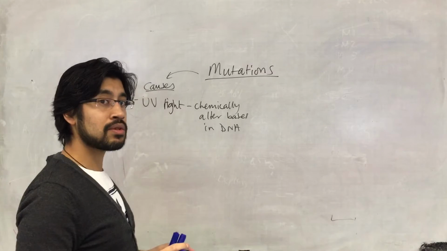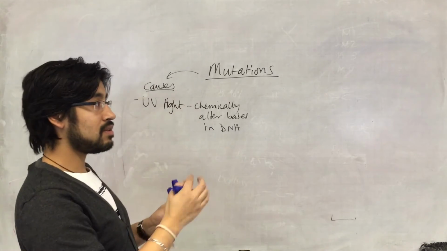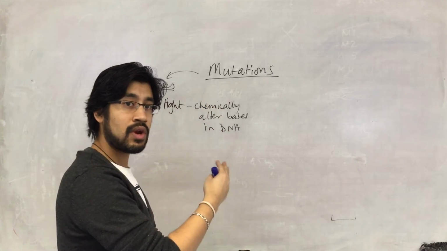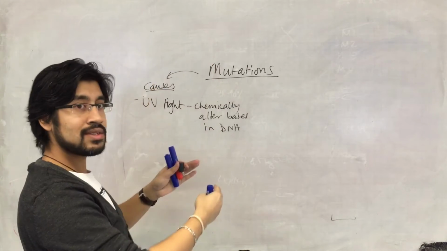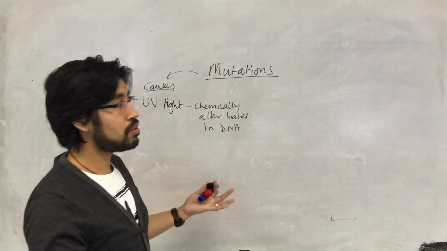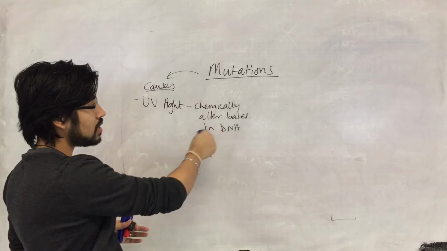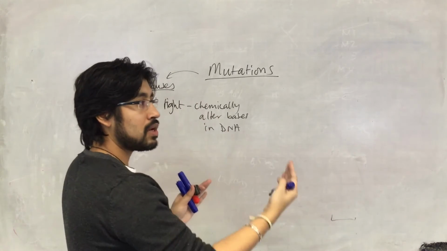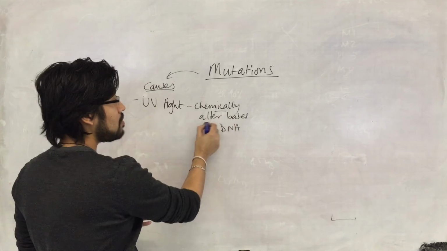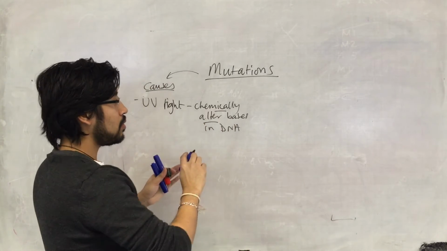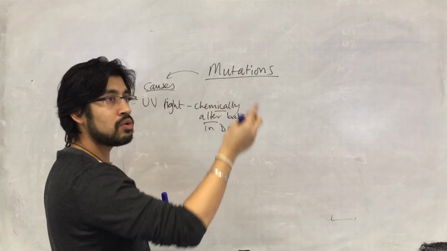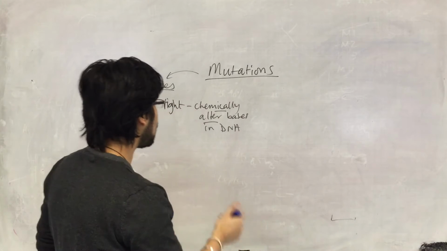And once that happens, once you change the bases, even just in one strand, when that strand is then replicated during mitosis or even meiosis, when that strand is then used to make another copy, because we've chemically altered the bases, when that strand is copied, it could result in an error, okay?